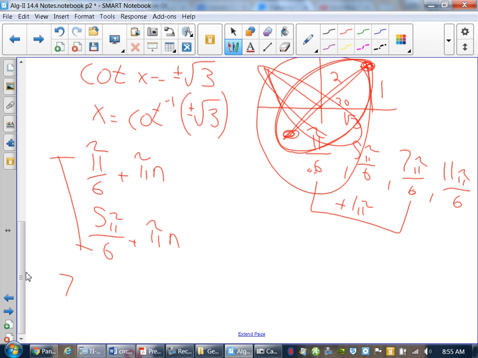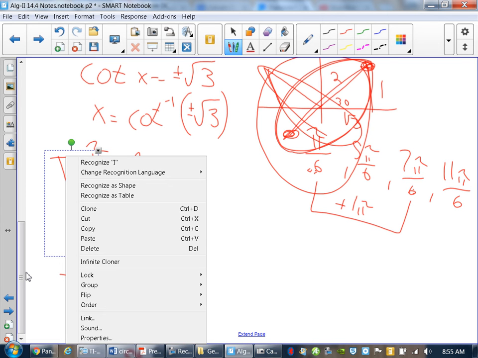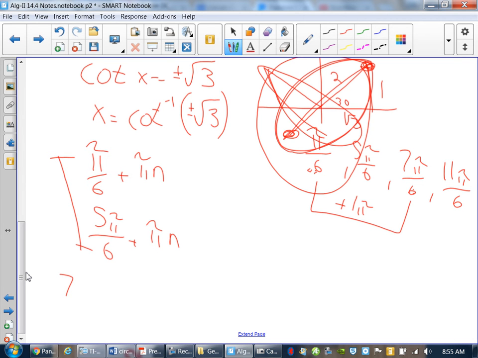If I spin around 27 times, I know I'm going to land on one of these angles. These are giving you all of your coterminal angles. So if it's plus or minus, there are two general statements? Sometimes. You might have 4 of them, or you might even have 1.